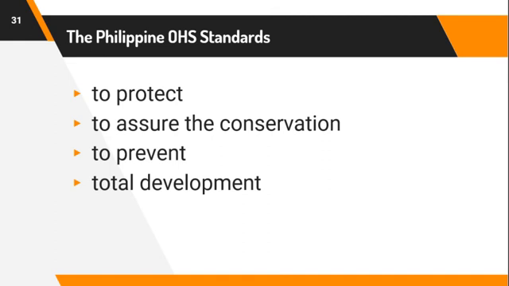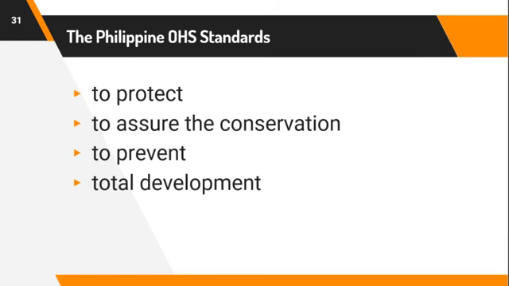Remember that manpower is very important for a company or a team to run. And the prevention of loss or damage of lives and properties consistent with national development goals and with the state's commitment for the total development of every worker as a complete human being.